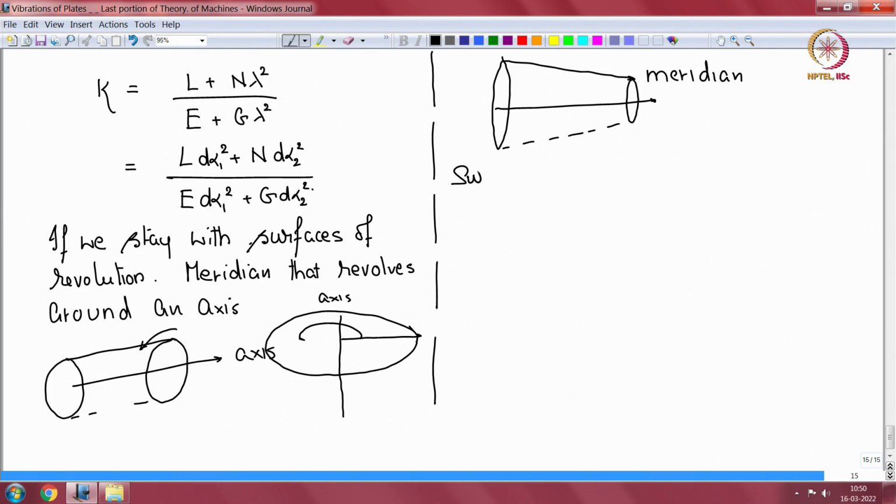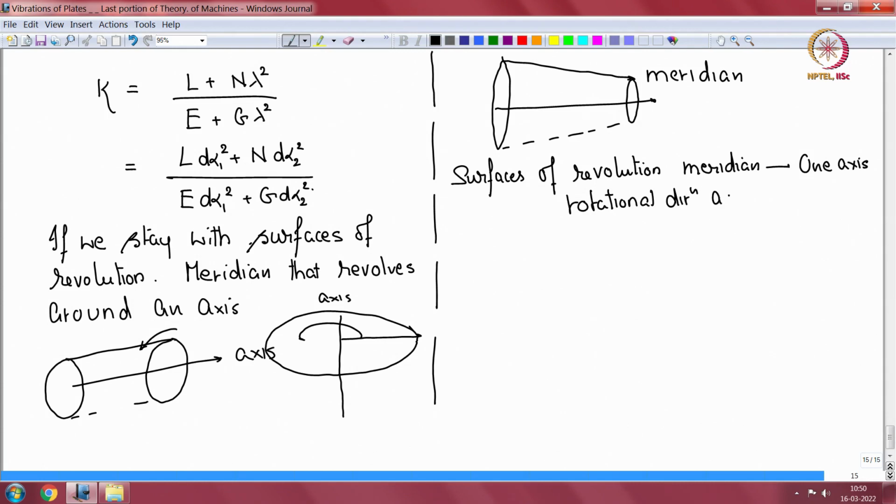For these surfaces of revolution, if we take the meridian as one axis and the rotational direction as a second curvilinear coordinate, these are the principal lines of curvature.